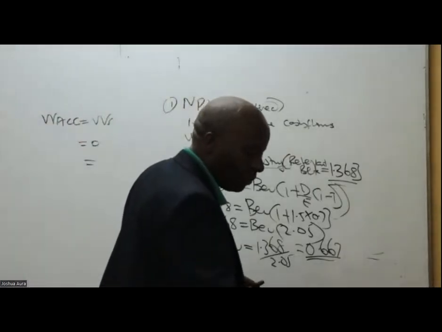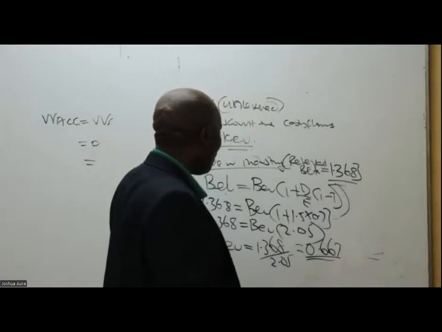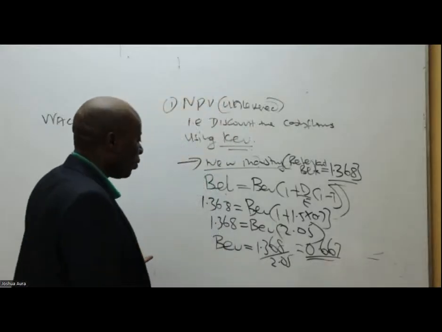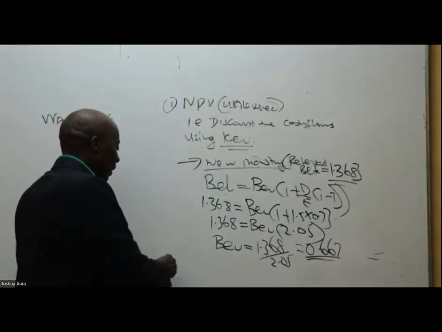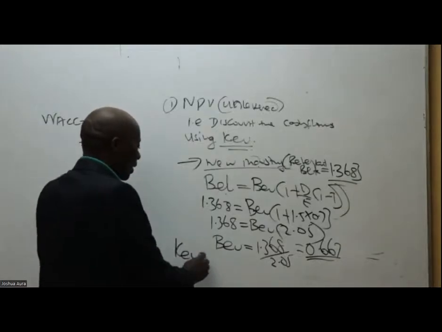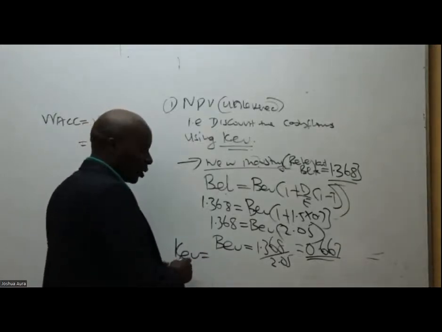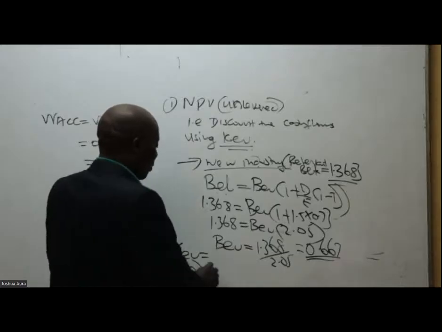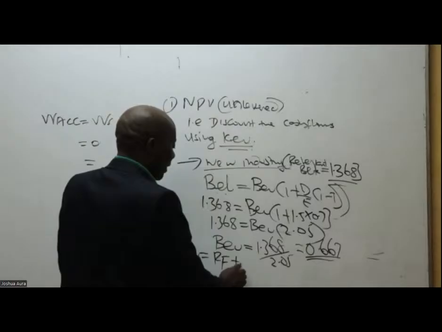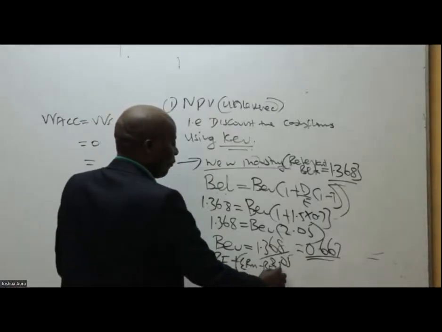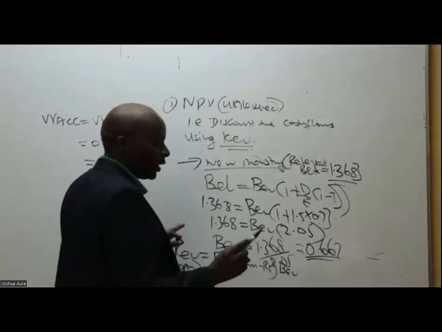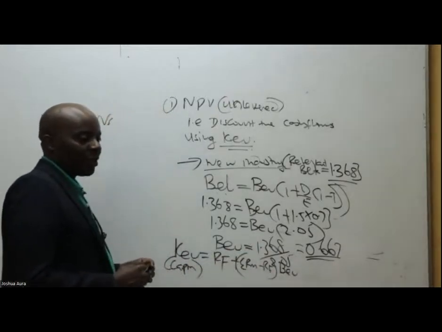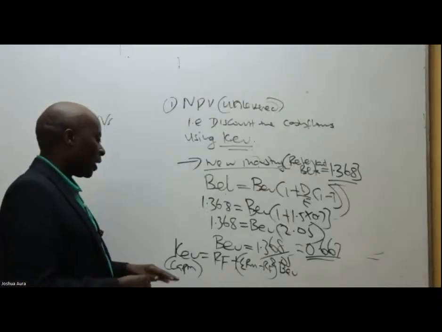Very fast, I want to get my cost of equity unlevered. So how do I get it here? To get it, I am going to use CAPM. CAPM should be the risk-free rate plus the return of the market minus the risk-free rate, outside multiplied by the beta unlevered. I think if I start from here in my next session, I'll be good to go.